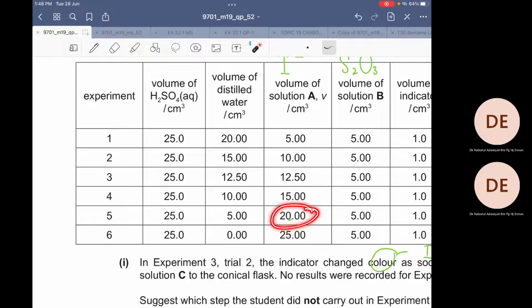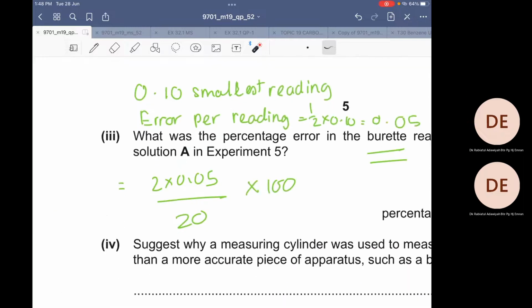When you use a Burette, how many readings do you usually take? Two times, initial volume and final volume. So that means you use 2 readings.